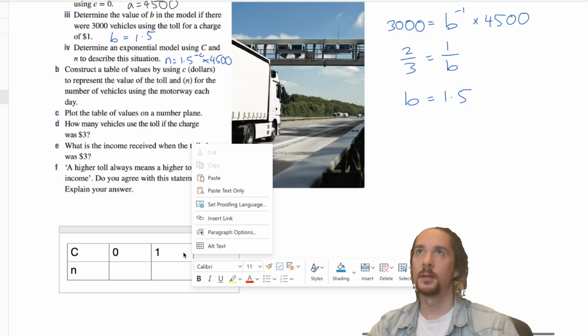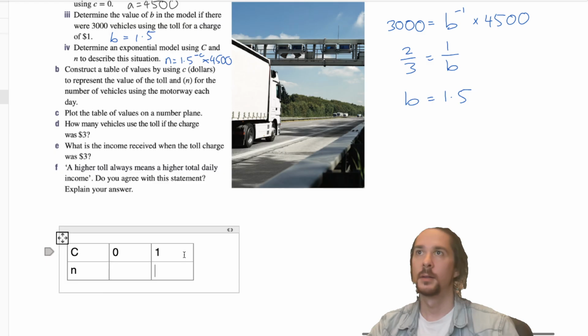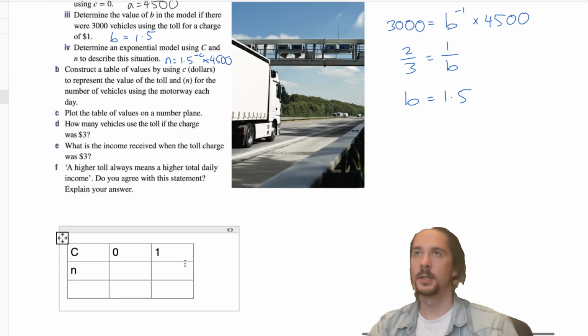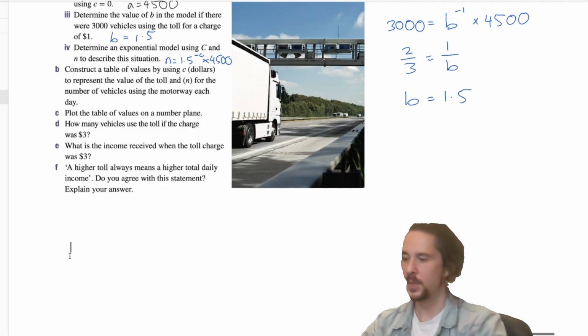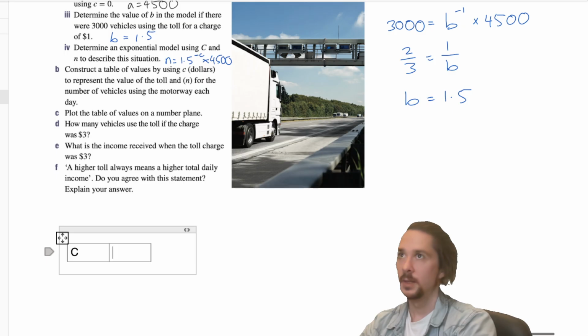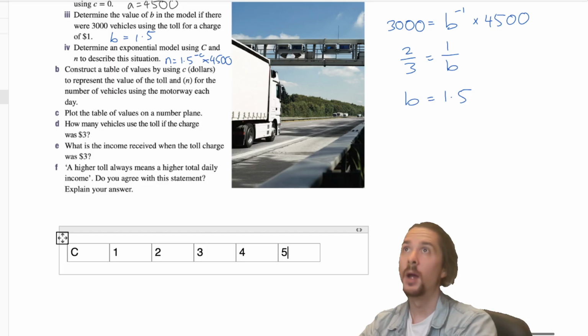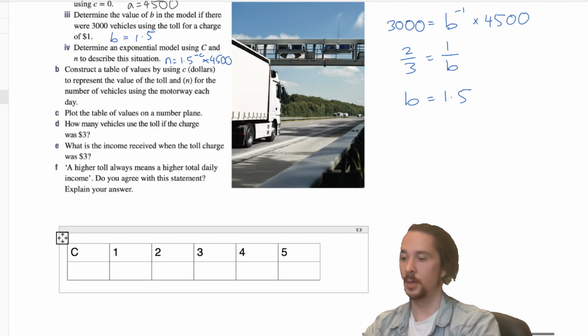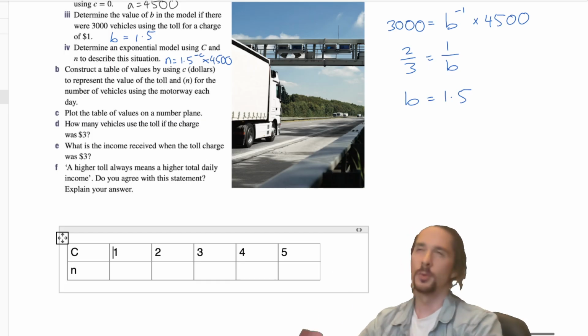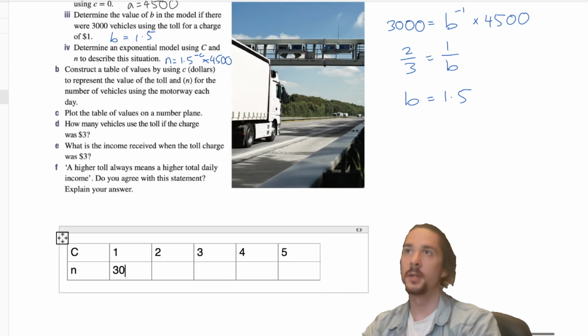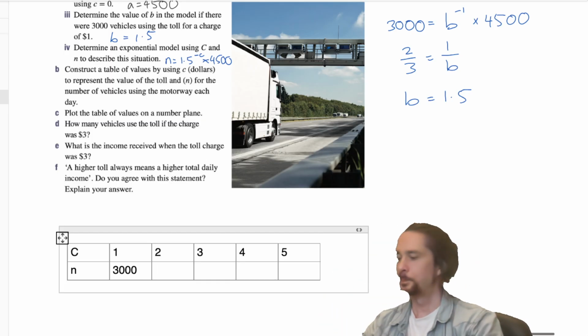That's just going to add rows. Let me try again. 1, 2, 3, 4, 5. Cool, they just asked about up to 3, so that should be fine. Oh, and I should have started with 0. Well, we know what 0 is. We know that 1 is 3,000.